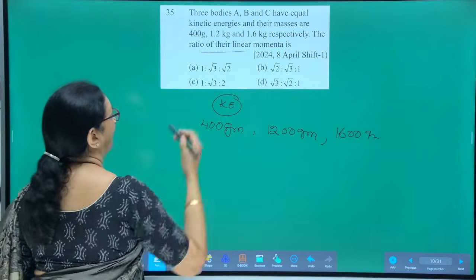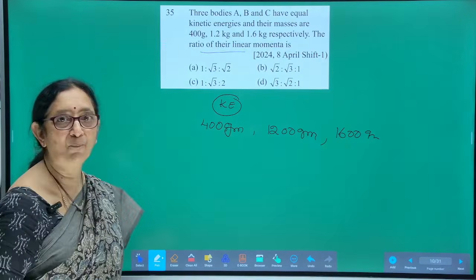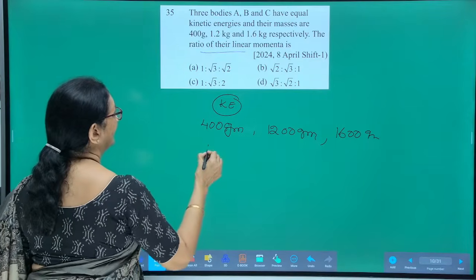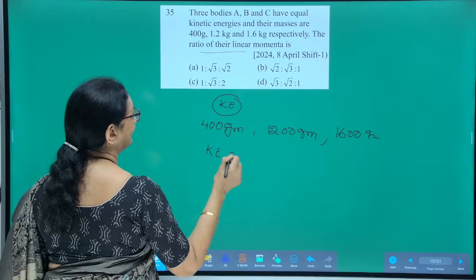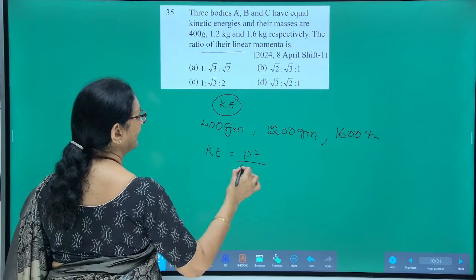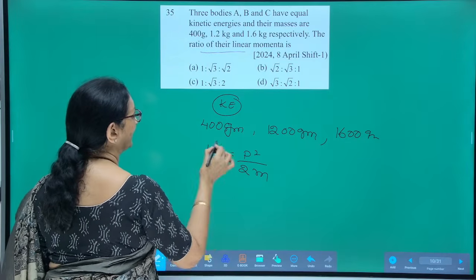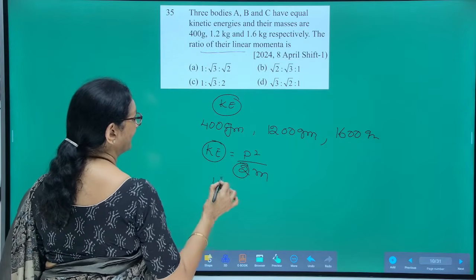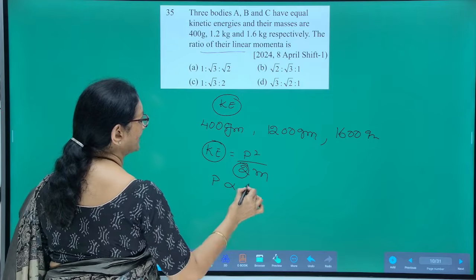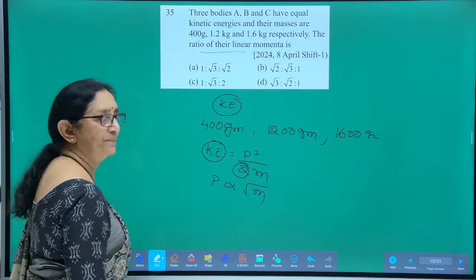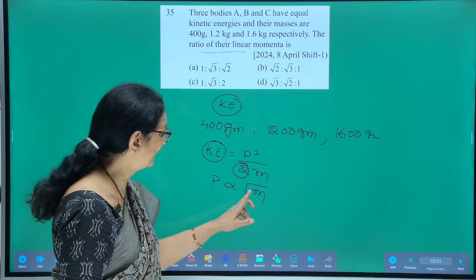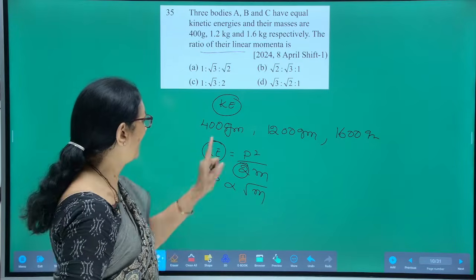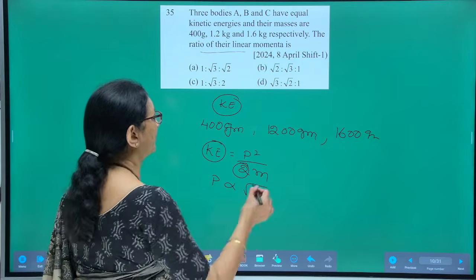The ratio of their linear momenta. See here, they have the same kinetic energy. Kinetic energy is P square by 2m. KE is same. So, P is proportional to root mass. You are asked to find the ratio of their momenta.